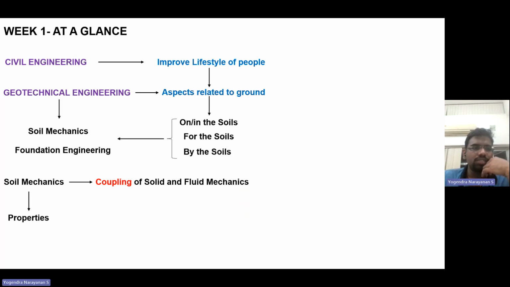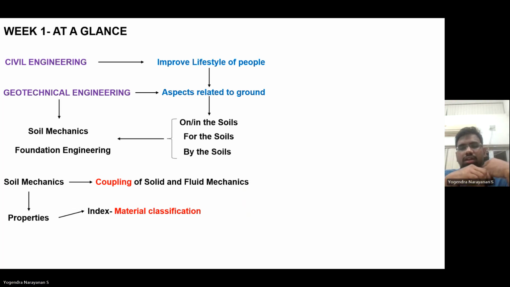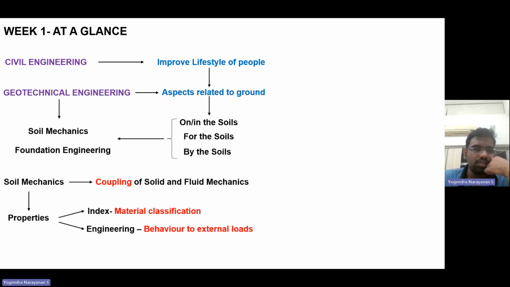To understand this, you have to understand the properties of the soils, which are broadly classified into two. The first one is index properties, which are essentially used to classify the material. And based on the classification, how it will behave to external loads or external stimuli is its engineering properties.